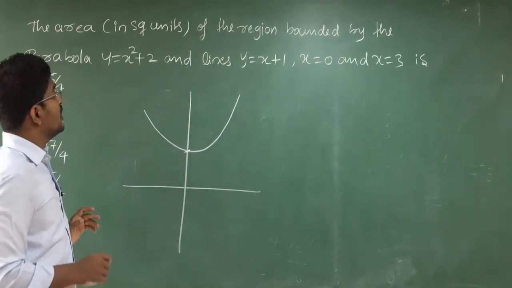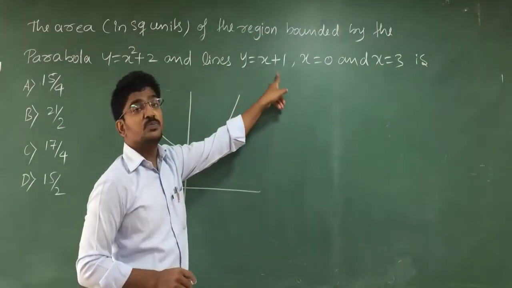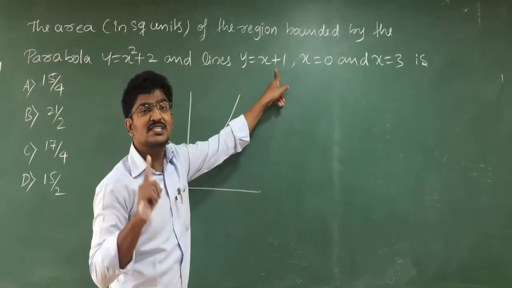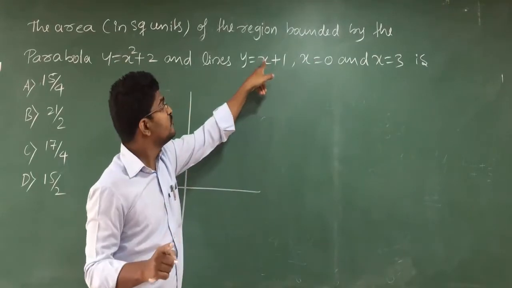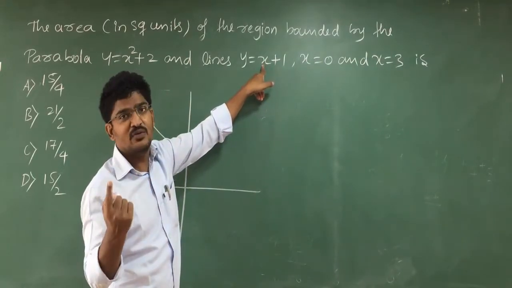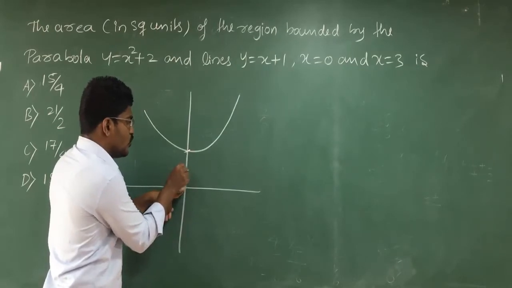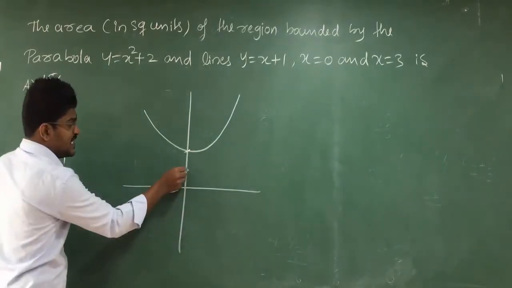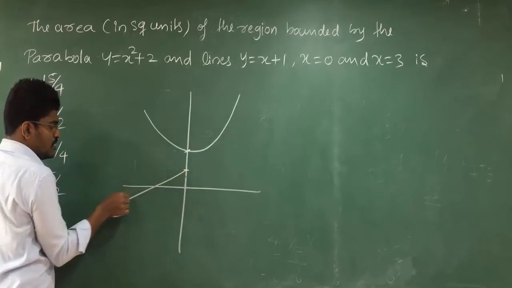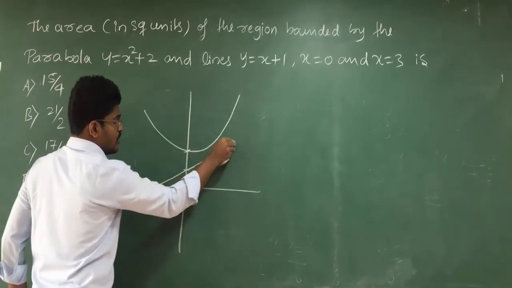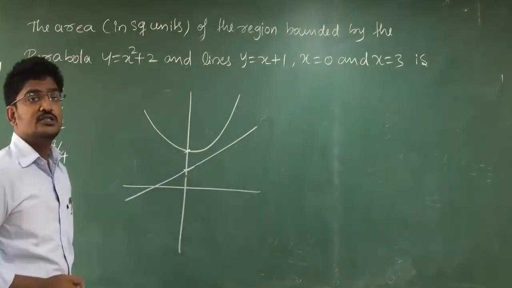Clear? Next, y equal to x plus 1. Here see, slope is 1. Y equal to x plus 1 means slope is 1. So if I take x equal to 0, y will be equal to 1. At x equal to 0, y will be equal to what? 1. Clear? So this is straight line with slope 1.